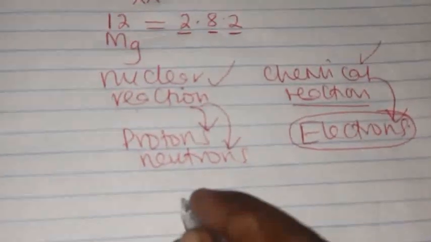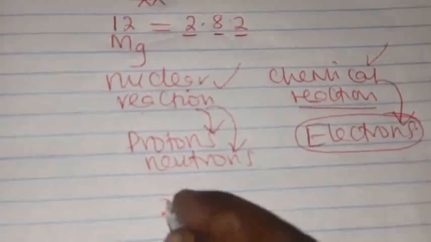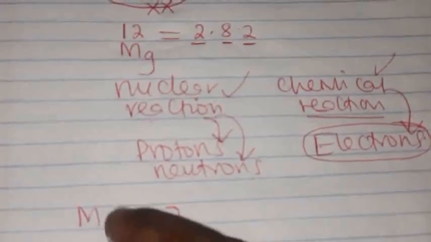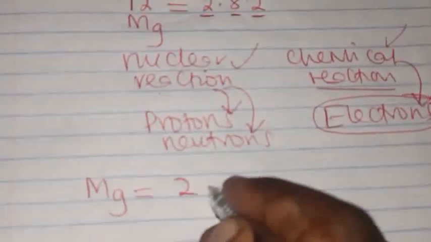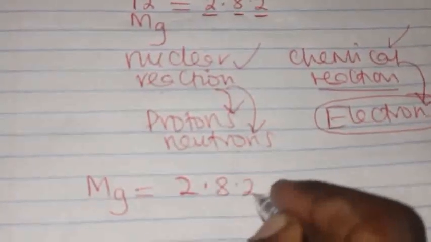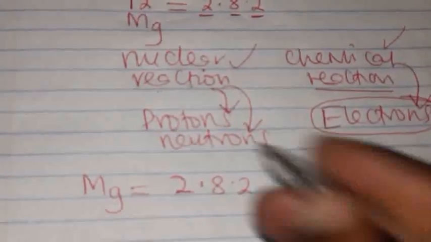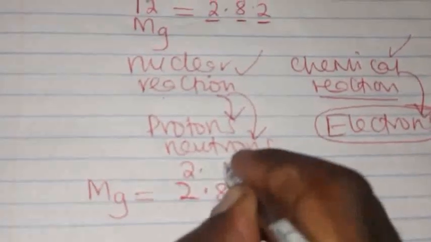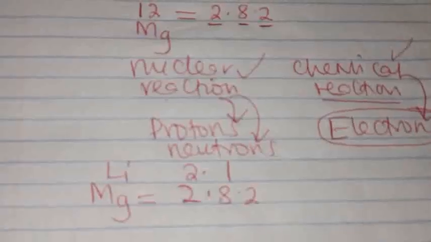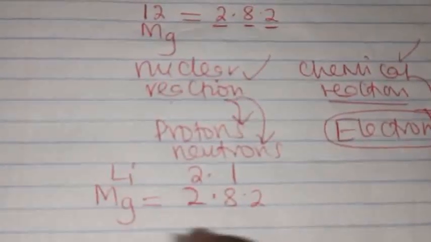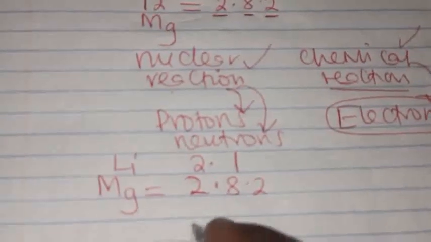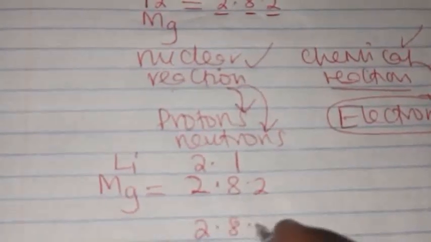For example, if I have an element like this, which is capital M small g, referred to as magnesium, it has an electron configuration of 2, 8, 2. And maybe there's another one that has an electron configuration of 2, 1. As an example, this is lithium. And then we have another one that has an electron configuration of 2, 8, 3.